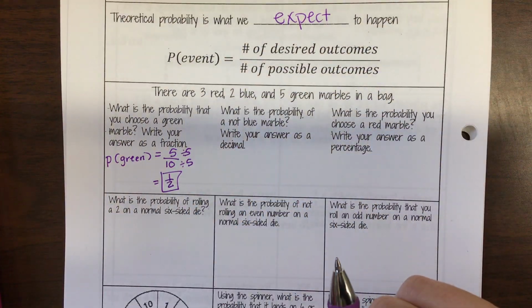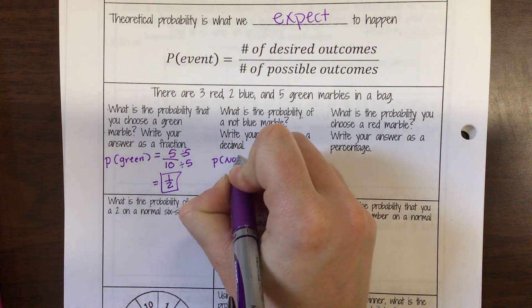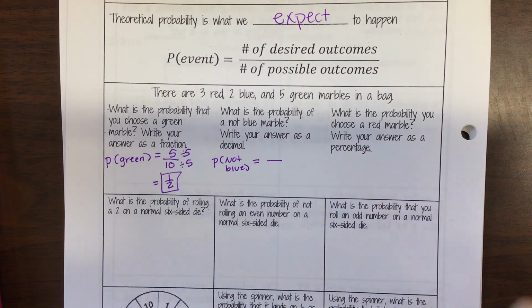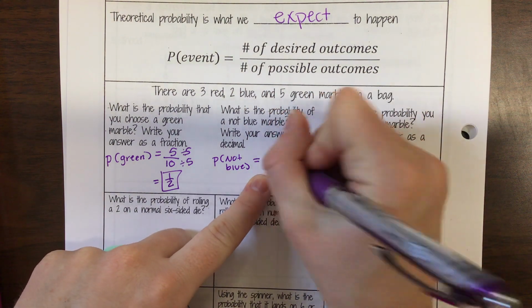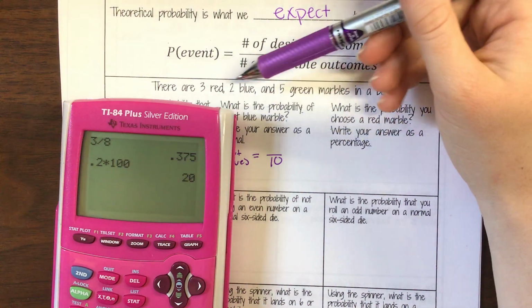So what is the probability of a not blue marble? So the probability of not blue equals, well, we know that there's 10 total marbles. So we're going to take the number of ones that aren't blue and add them together.